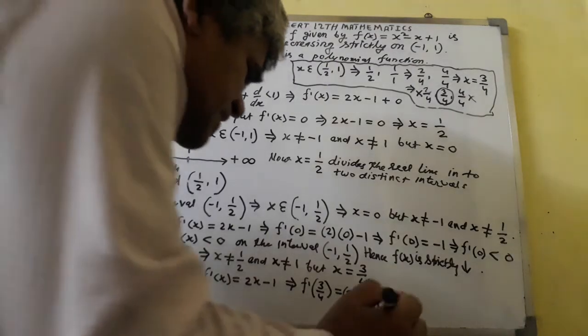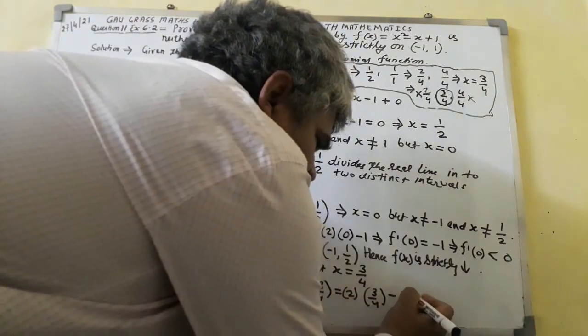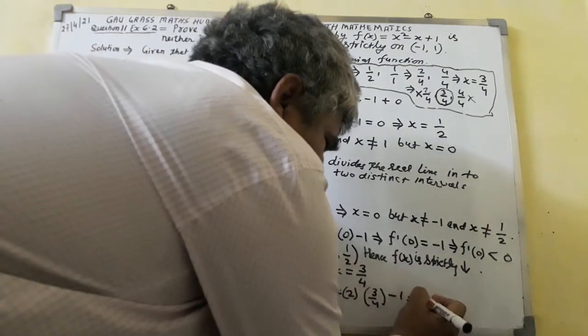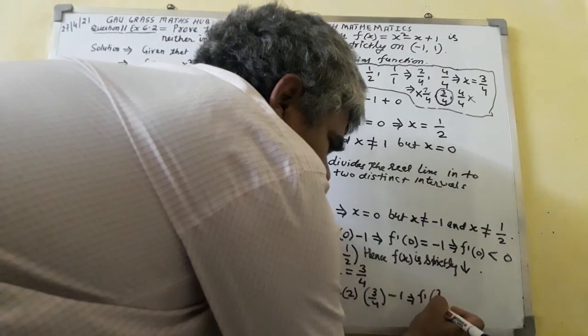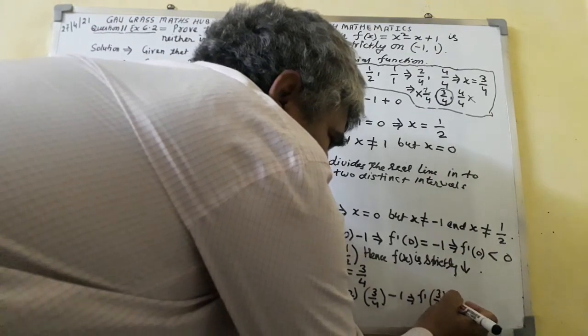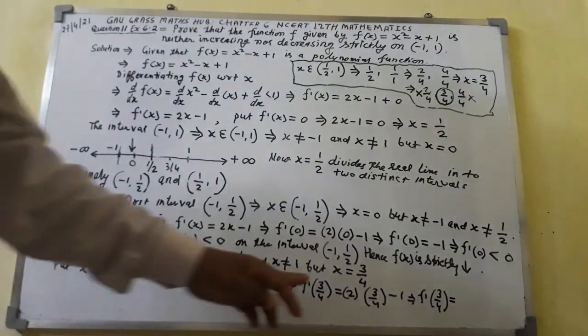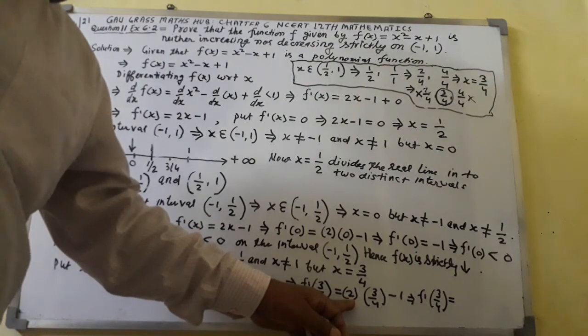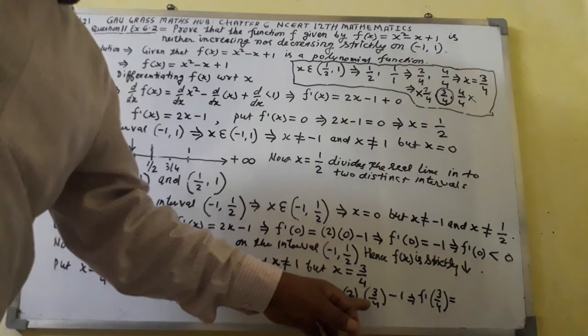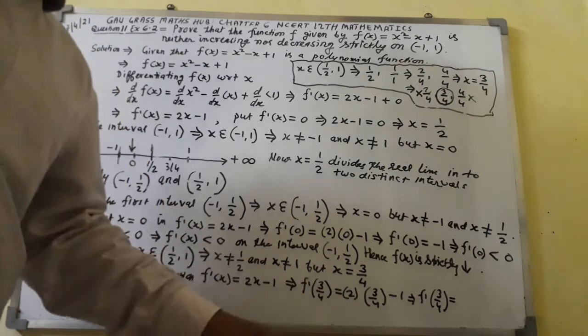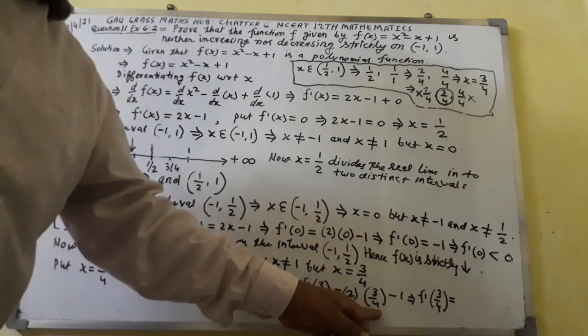Let us see what happened. F dash of 3 over 4, just calculate here. 2 over 4 comes out to be 2 to the 4, 2.